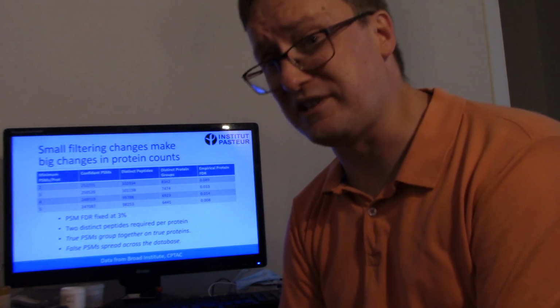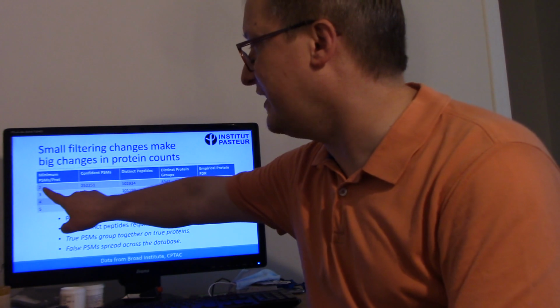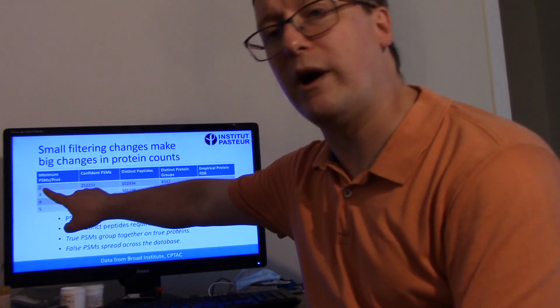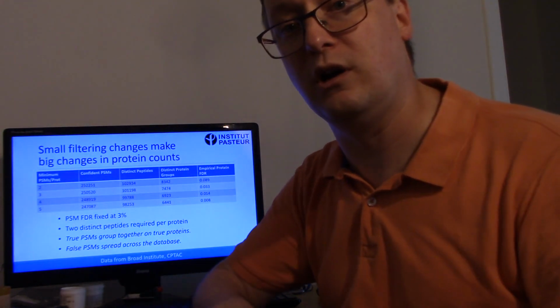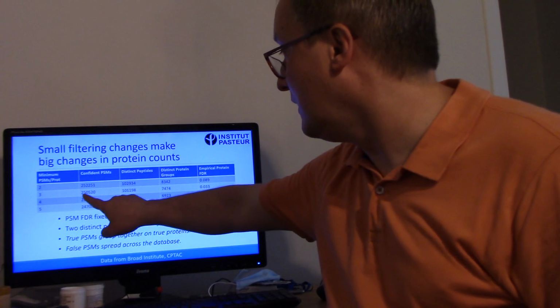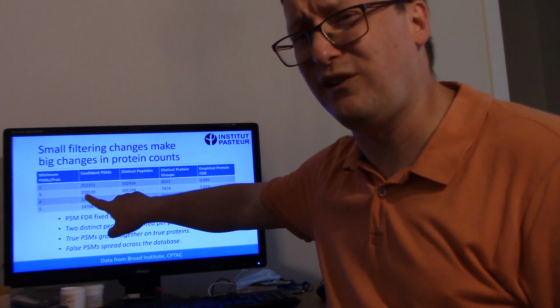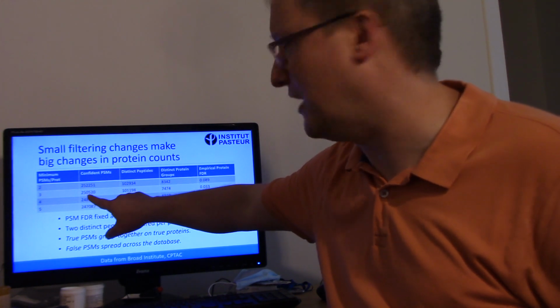So if we change our rules very slightly, now instead of requiring just 2 peptide spectrum matches per protein, we require 3 peptide spectrum matches per protein. The number of peptide spectrum matches falls very, very little, 252,000 to 250,500.